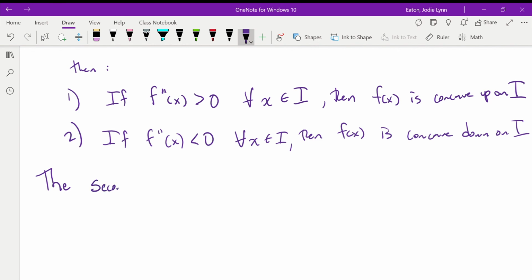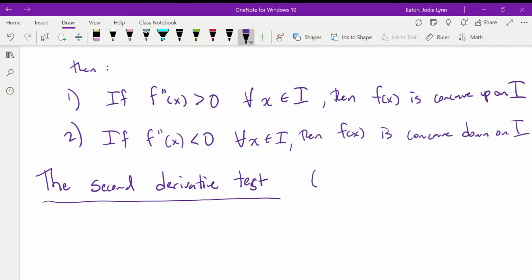Okay, so the second derivative test is more useful for things like polynomials, where taking the second derivative is usually fairly easy. If it's something like a rational function, you may want to use the first derivative test.